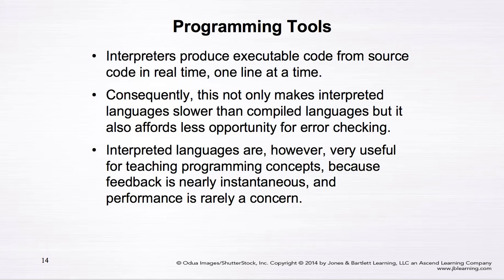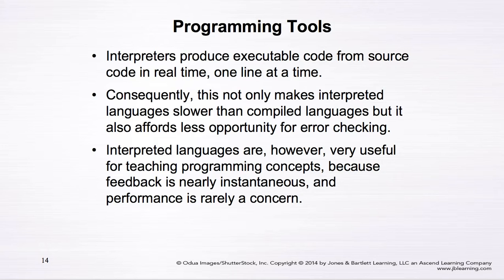We can see that an interpreter produces executable code from source code in real time and online, one line at a time. Consequently, this not only makes the interpreted language slower than the compiled language, but it also affords less opportunity for error checking. Basically, interpreted languages are very useful for teaching programming concepts.